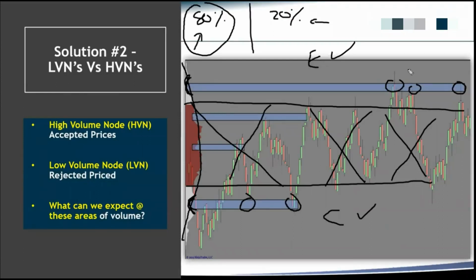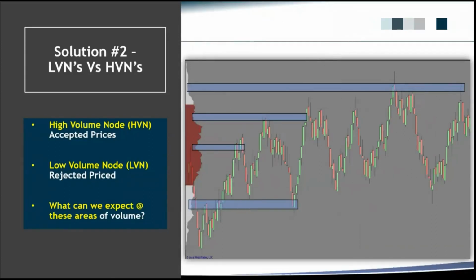Post FOMC announcements, the range was so large from yesterday's environments that it was a very difficult day for any type of merit. We'll take a look at that in a second, but I just want to explain how to expect price to react in those areas, okay?